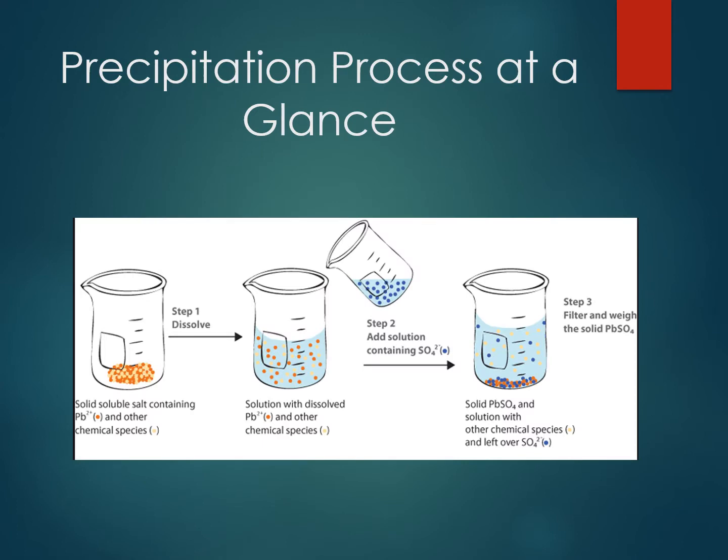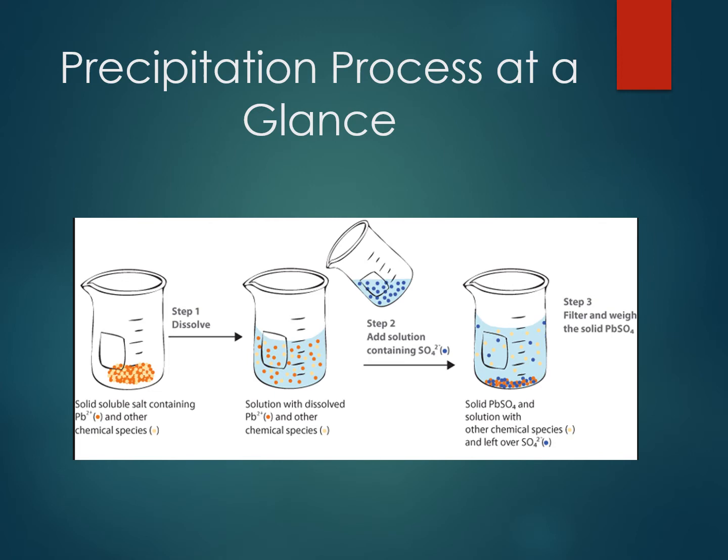Let's have a look at an example of the precipitation process for the Pb2+ ion, that is lead. The Pb2+ ion forms a precipitate like PbSO4, lead sulfate, when treated with a precipitating agent which contains SO4 2- ions.